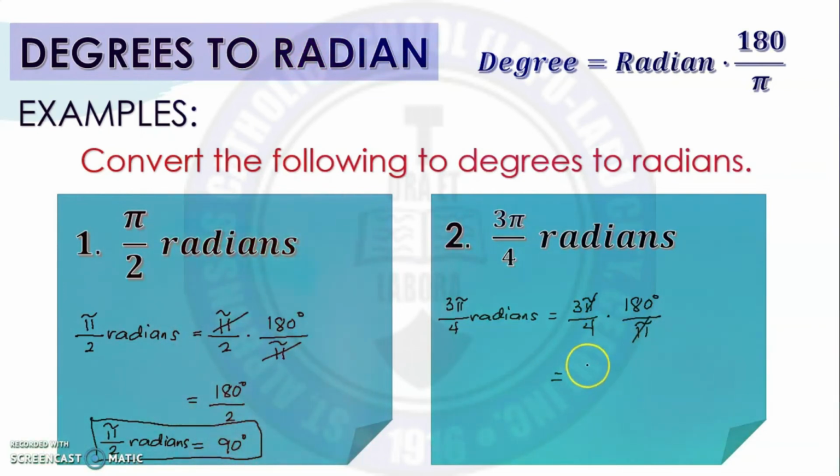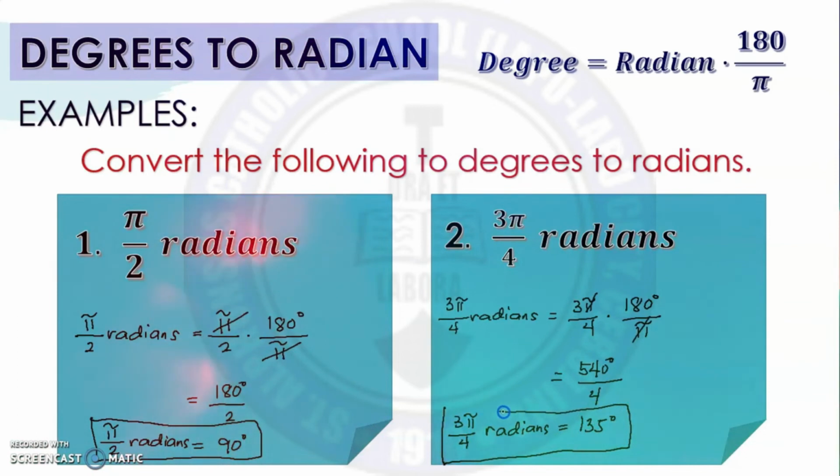So most likely that would be 540 degrees divided by 4. 540 degrees divided by 4, that would be 135 degrees. So meaning 3 pi over 4 radians is equal to 135 degrees. And box your final answer. Let's proceed to the next example.